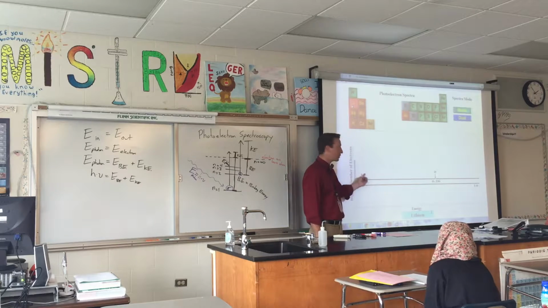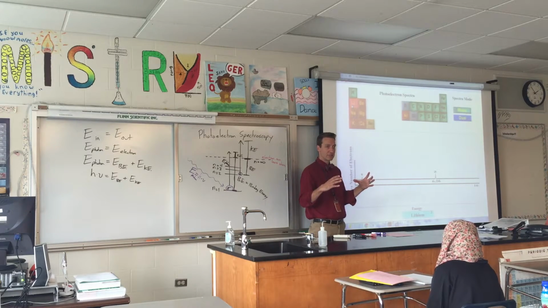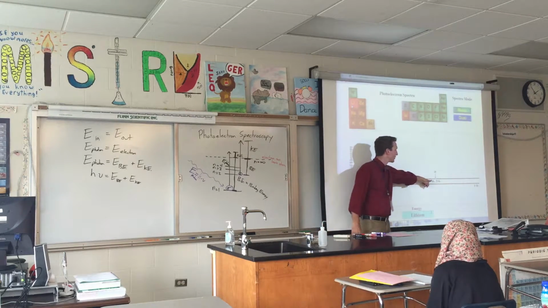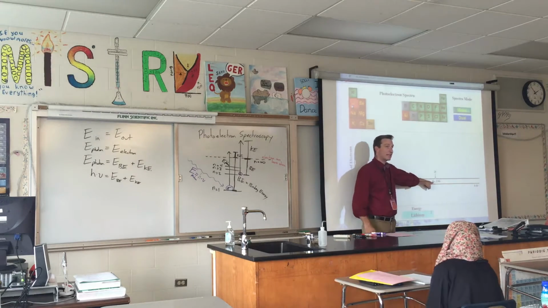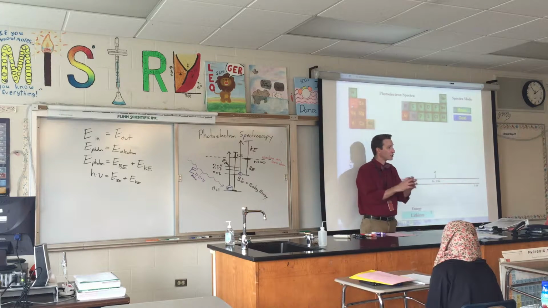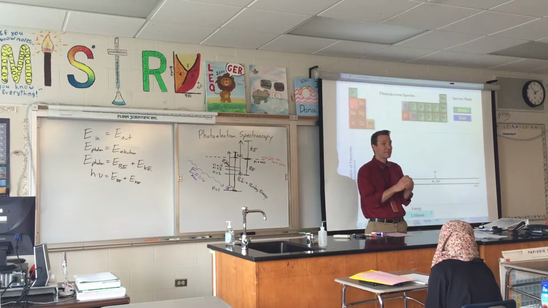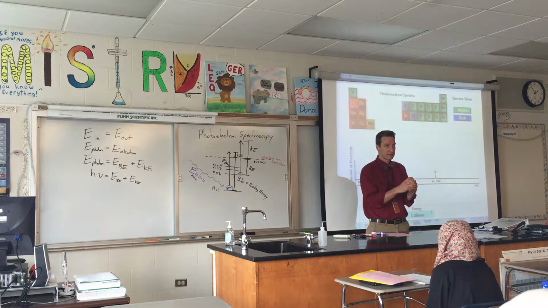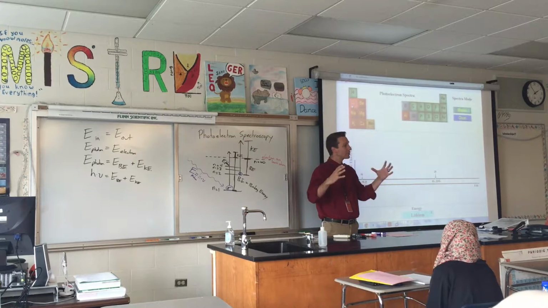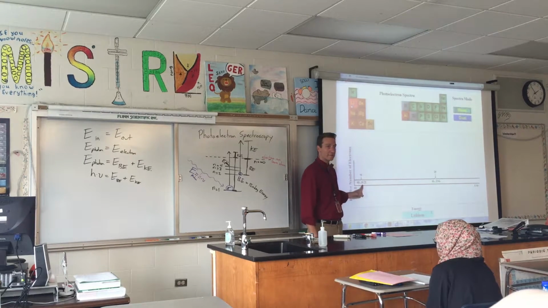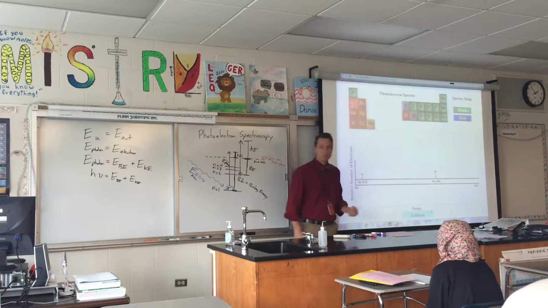Well, the easier to remove one would be that second shell, and the harder to remove ones are from that first shell. So again, the first shell of electrons in lithium are actually harder to remove than the first shell electrons in hydrogen or helium, because lithium has 3 protons. The outer shell, though, in lithium, even though there's 3 protons, that outer shell is farther away than the first shell, so these are actually easier to remove. Okay?